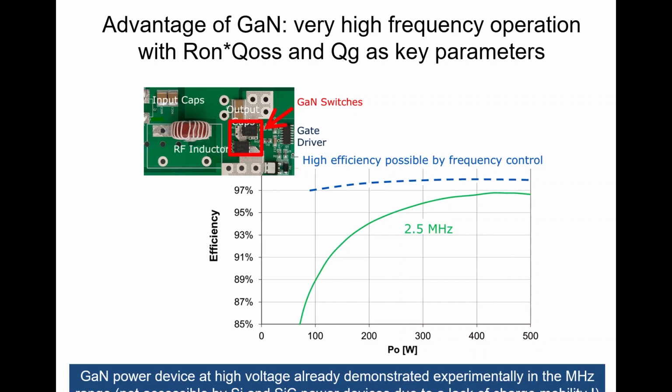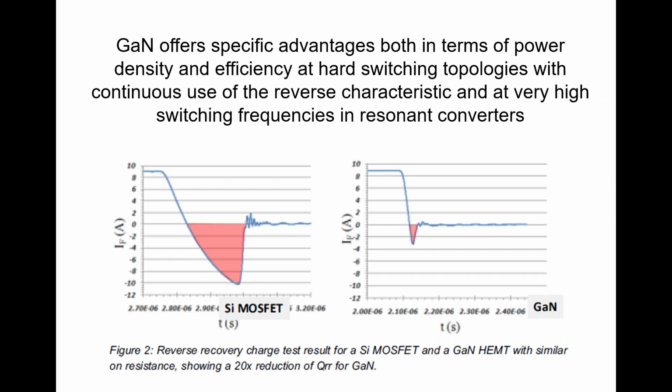Okay, so you can see just an example, an old one here: efficiency versus power at this frequency. Another key feature is the reverse recovery charge test. This is also an old example between a silicon MOSFET versus a GaN.